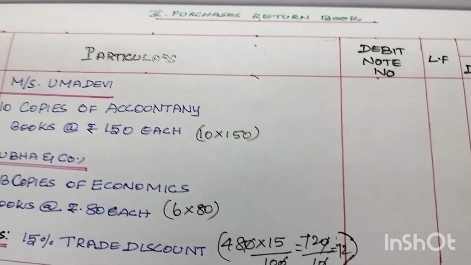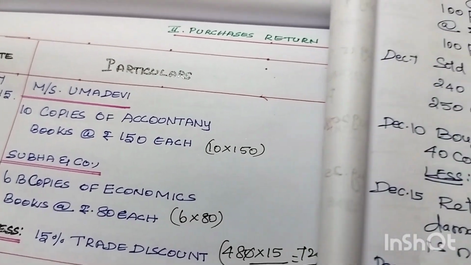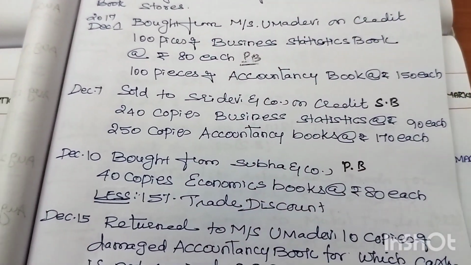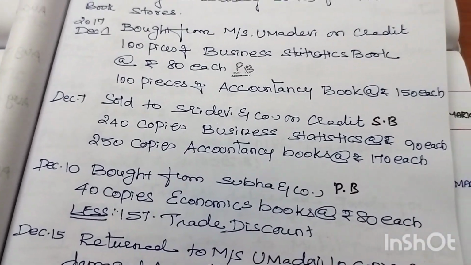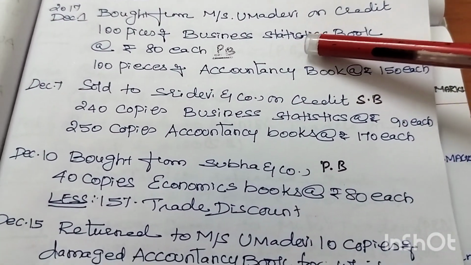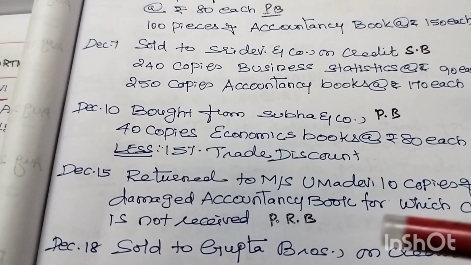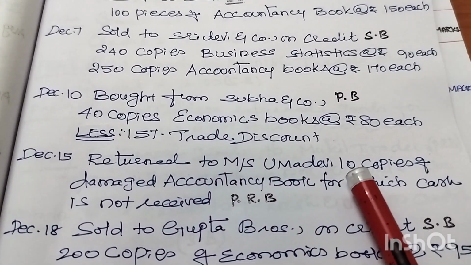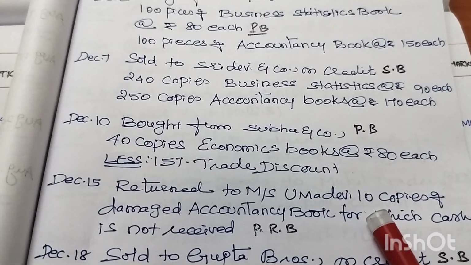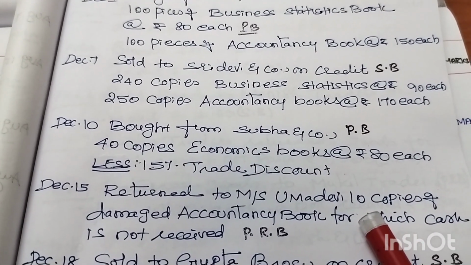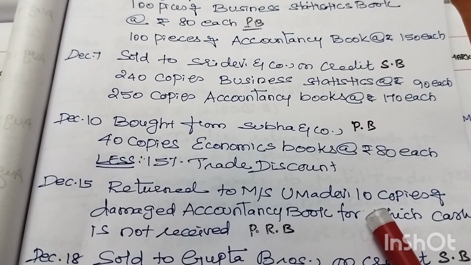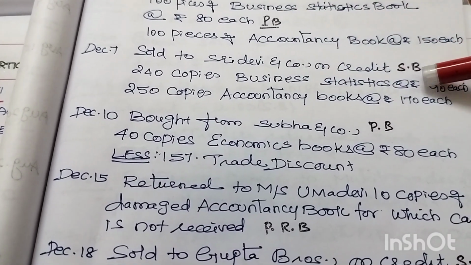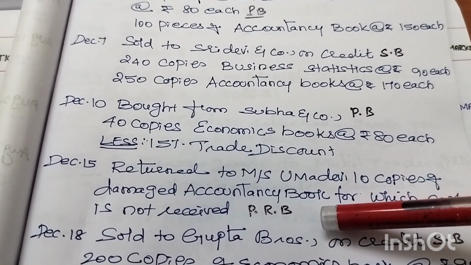Then you are going to find the purchases return book. Okay, let's see the purchases return related transaction. So where is it? Listen here. On December 15, returned to Miss Umadevi 10. We already identified which transaction is to be entered into which book. So we already wrote the name of the books on the transactions.